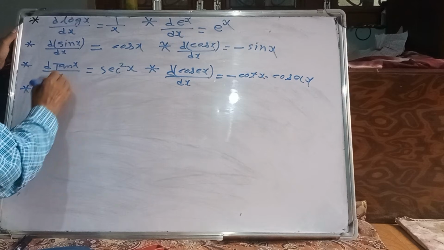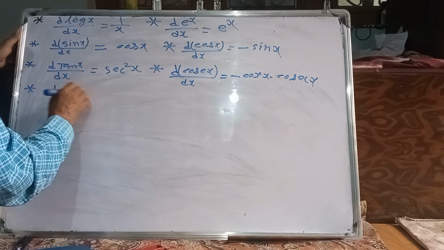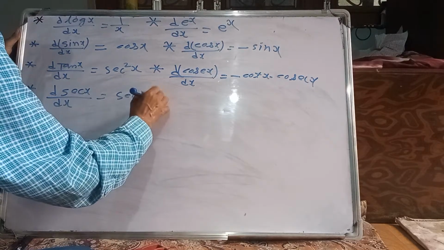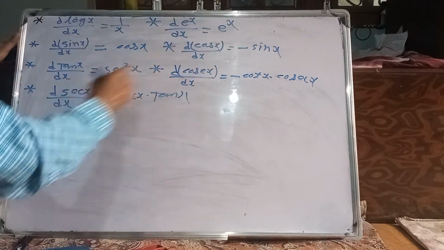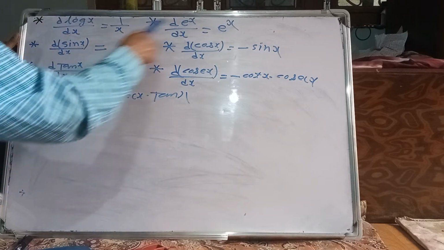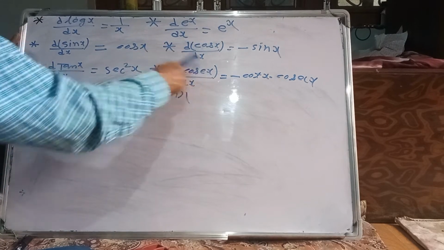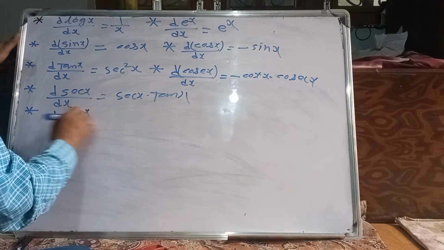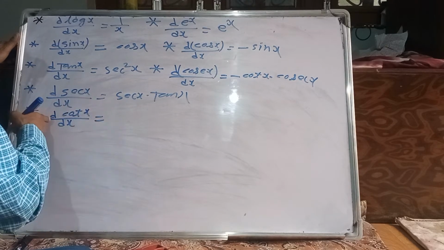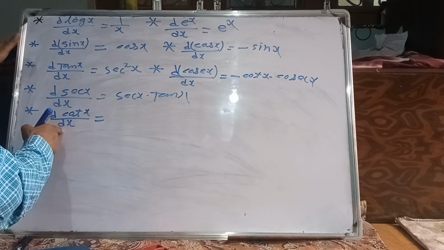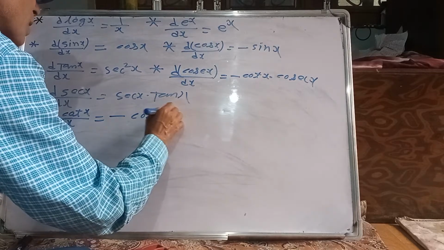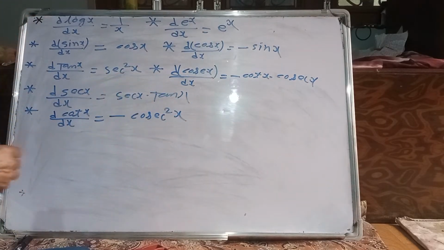Another, differential coefficient of sec x by dx. Sec x tan x. Sin cos tan cosec sec cot. d cot x by dx. Differential coefficient of cot x with respect to x equal minus cosec square x. These formulae are very important.